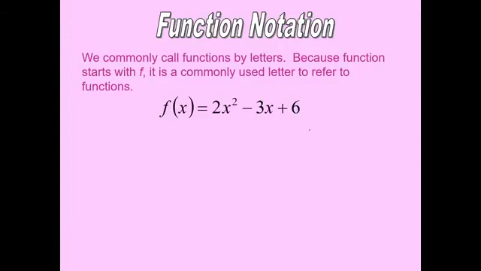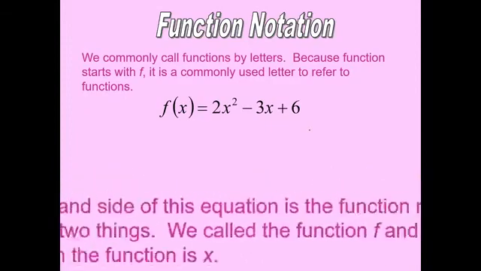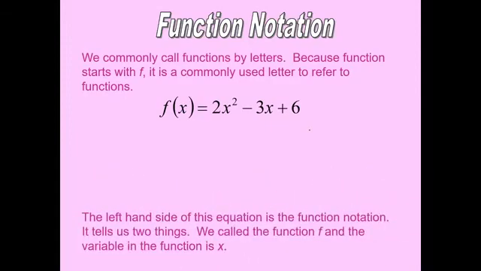Okay, let's have a function notation now. We commonly call functions by letters, and the letter F is commonly used to refer to functions. Like f of x. So, the left-hand side of this equation is the function notation. This one. It tells us 2 things.